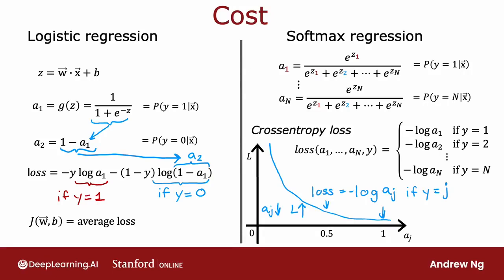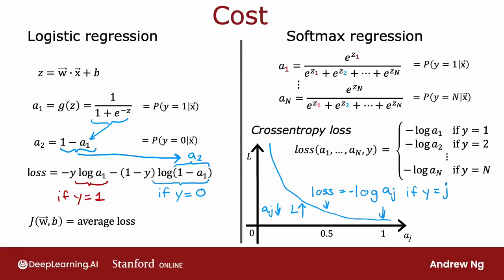This incentivizes the algorithm to make aj as large as possible, as close to 1 as possible, because whatever the actual value y was, you want the algorithm to say that the chance of y being that value was pretty large.